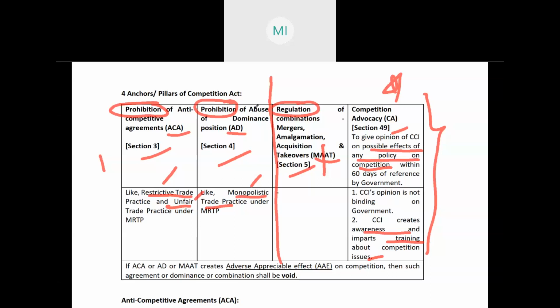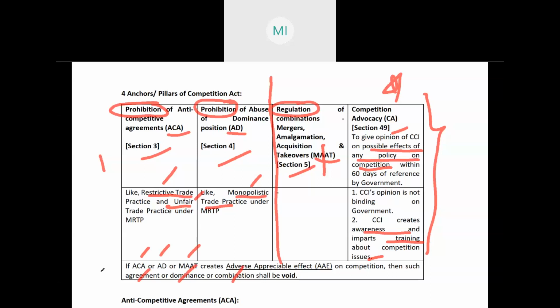Clear? Now, if any anti-competitive agreement or abuse of dominance or combination creates an adverse appreciable effect on competition, then such agreement or dominance or combination shall be void.